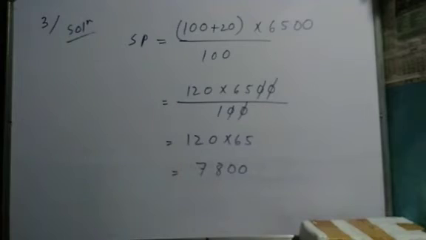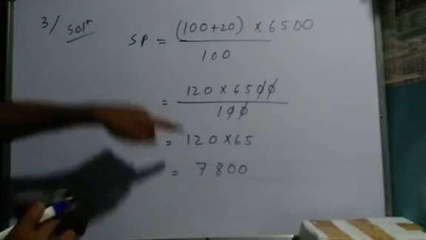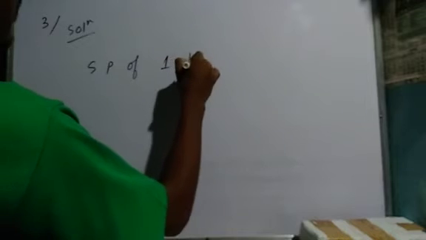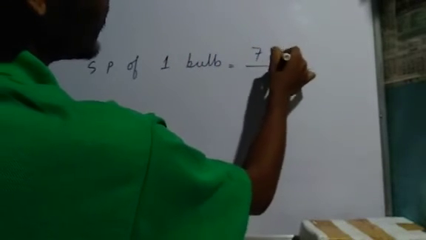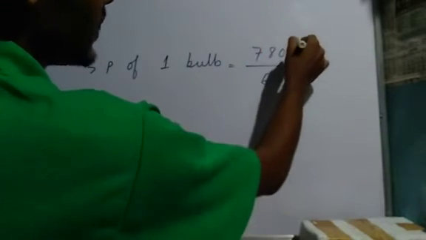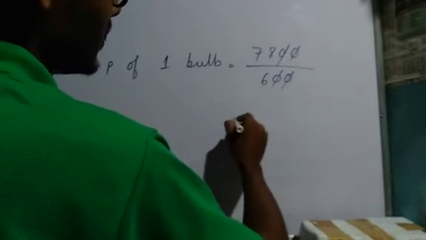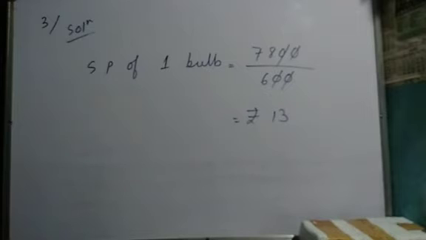Now we have to calculate the selling price of one bulb. This is the total SP, 7800. So for the SP of one bulb, how many good bulbs are there? There are a total of 600 good bulbs. So cancel 00. Rupees 13. That is the answer.